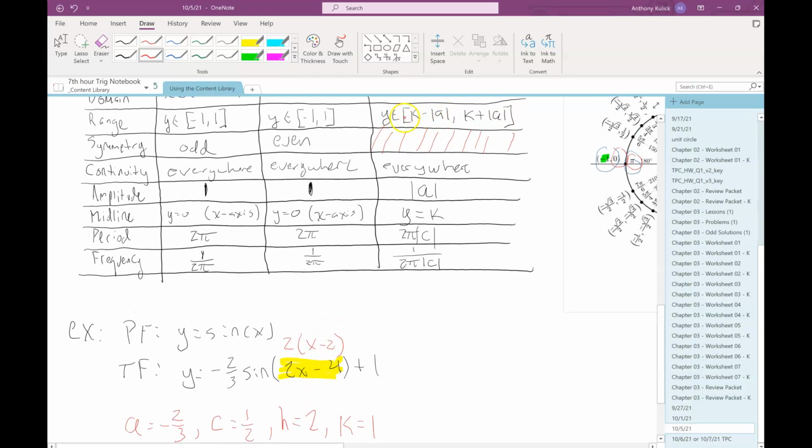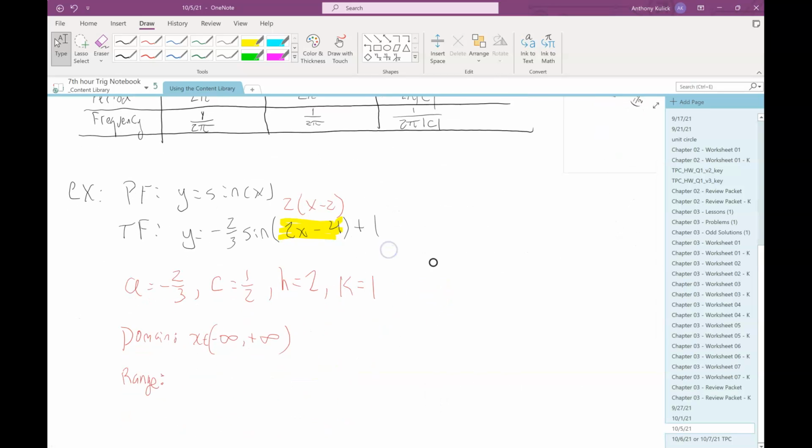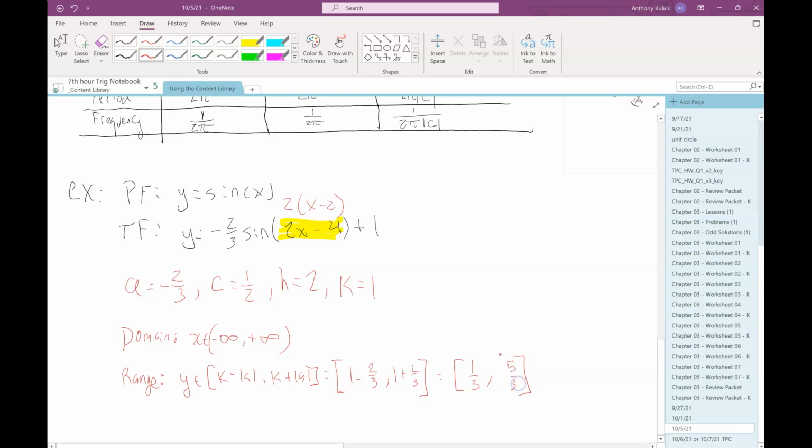Remember, that goes from K minus the absolute value of A to K plus the absolute value of A. So in our case, K is 1, and the absolute value of A is 2/3. So that's going to be going from 1/3 to 5/3. We okay there?